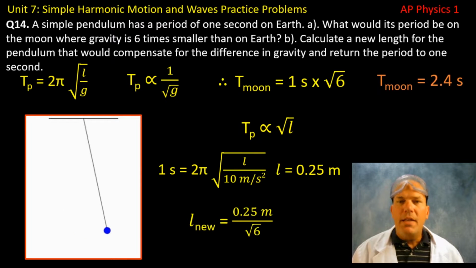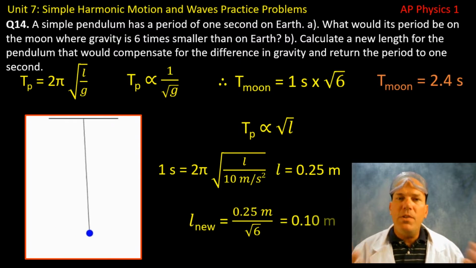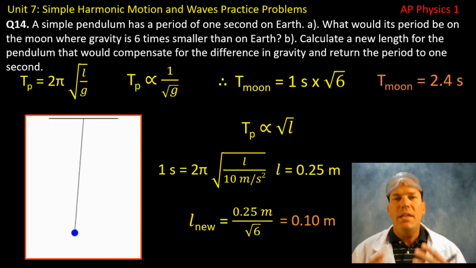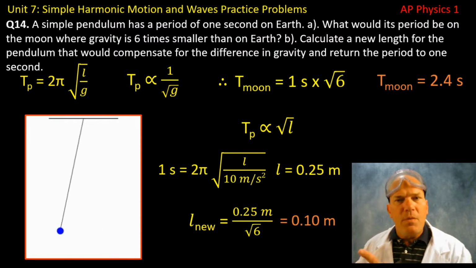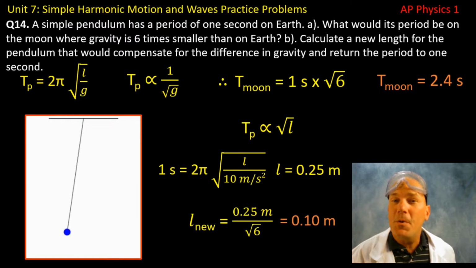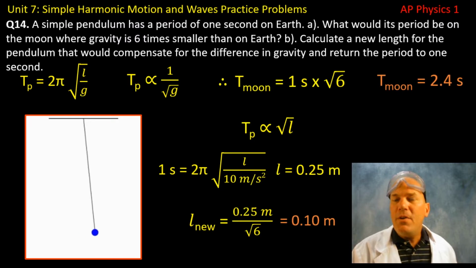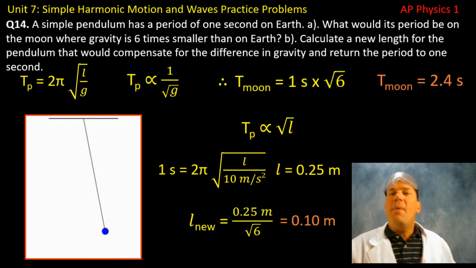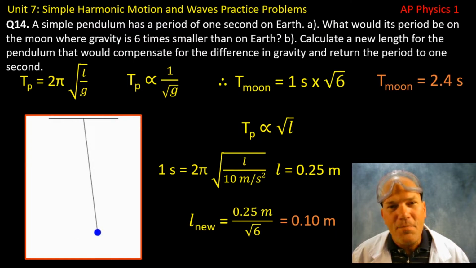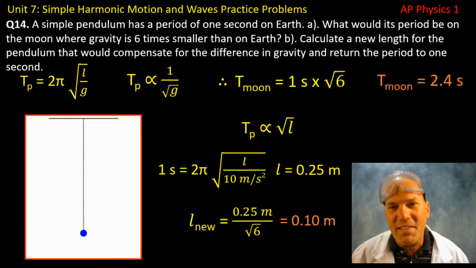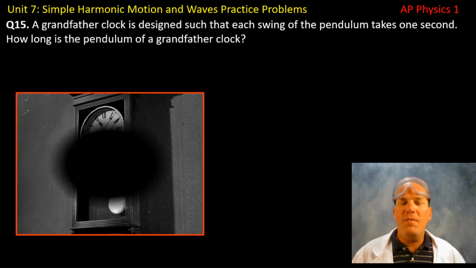By doing that, we calculate the new length, which is found to be 0.10 meters. So if we decrease the length from 0.25 meters to 0.1 meter, we can return the period of this pendulum back to 1 second on the moon, where the acceleration due to gravity is 6 times less than that on Earth.